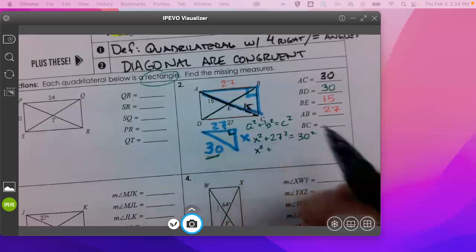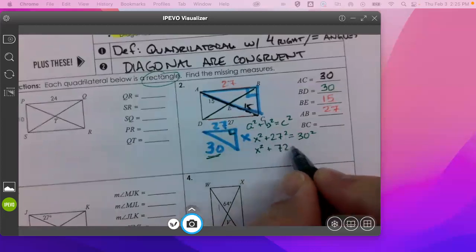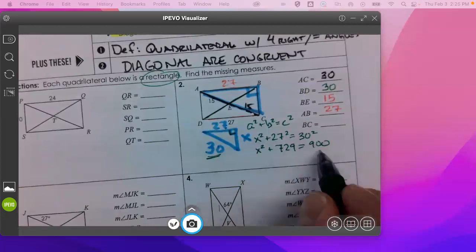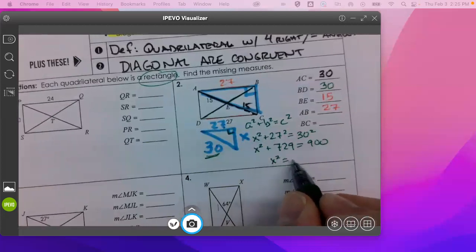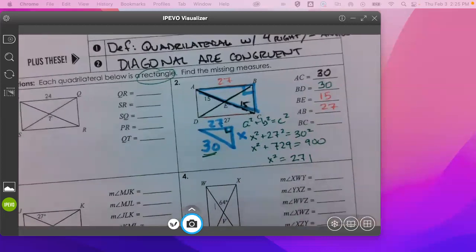So x squared plus, what is it? 27 is 9 times 3, so it's 81 times 9, 729 maybe? 729 equals 900. Subtract 729, x squared is equal to 171.